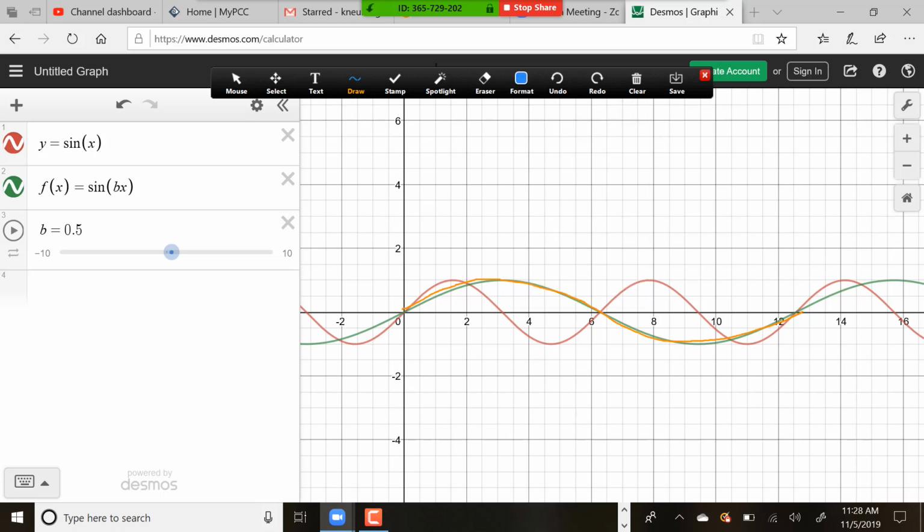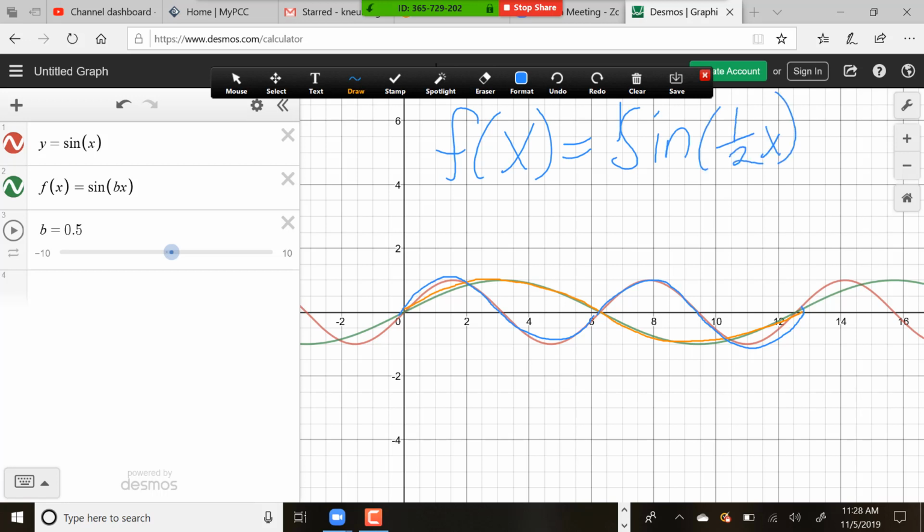And let's trace the red one. We get 1 wave and 2 waves. 2 waves in the same amount of time, and our b was 0.5. So we actually had f(x) = sin(1/2 x), because 0.5 would be 1/2.